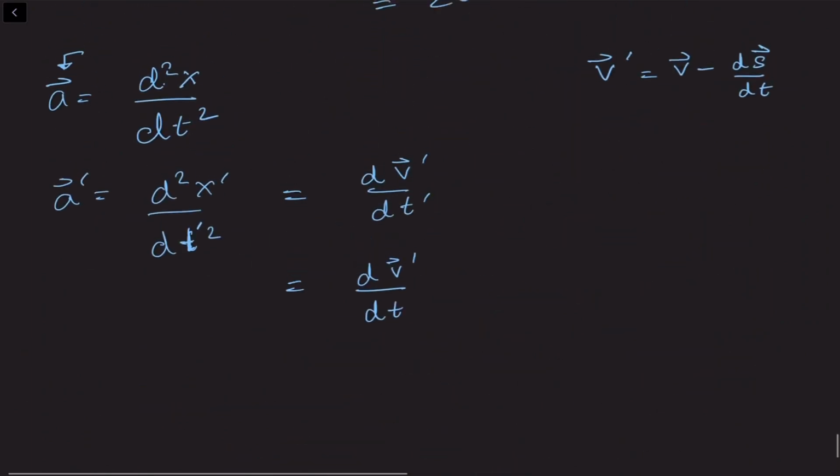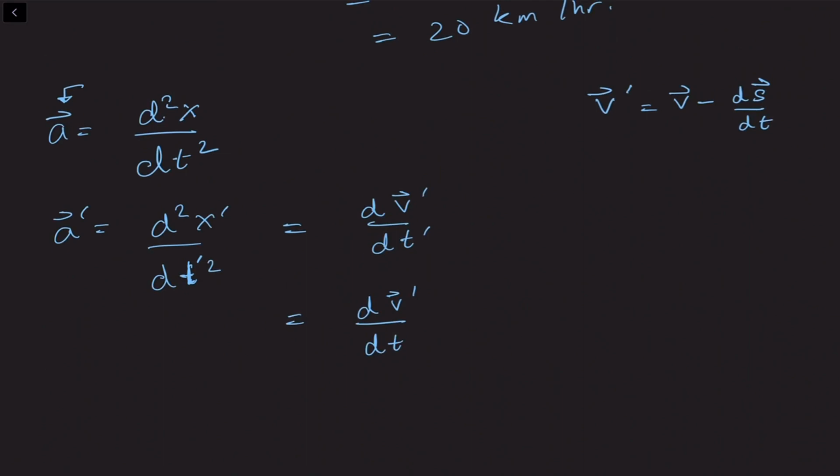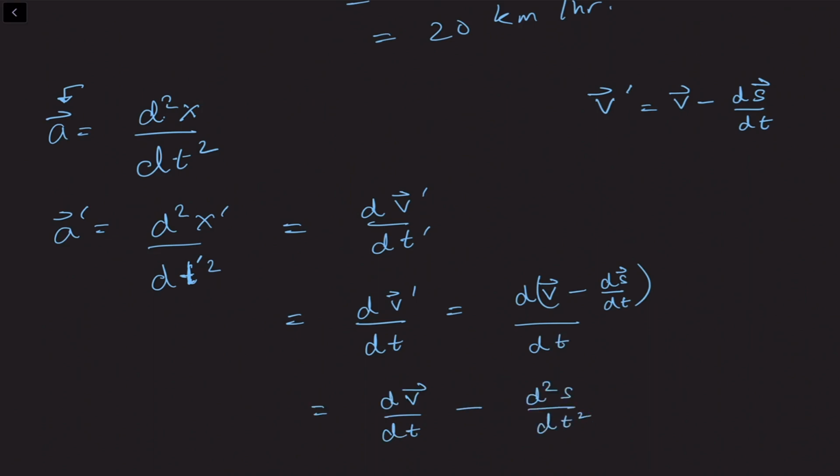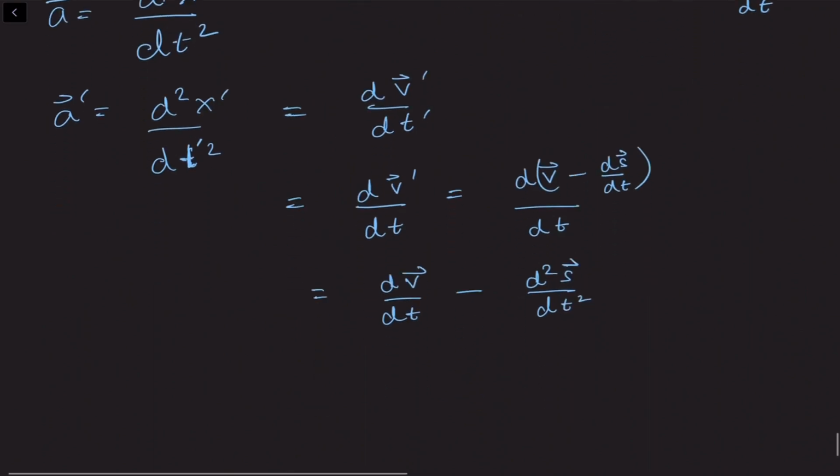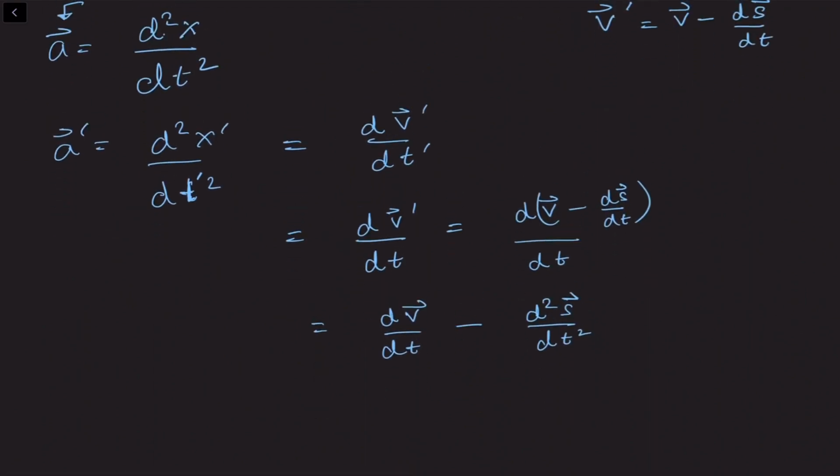And so now, when I look at dv prime by dt, this can be written as dv by dt minus d squared S by dt squared. So if I look at this, this is nothing but the acceleration as seen by the first observer.